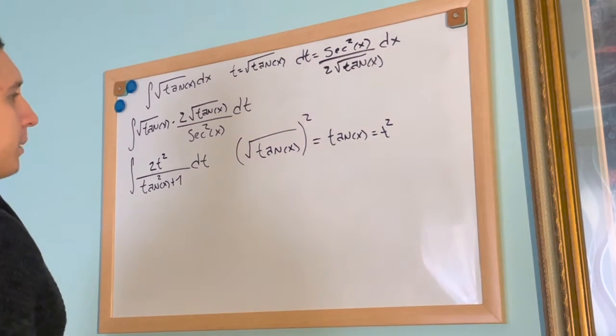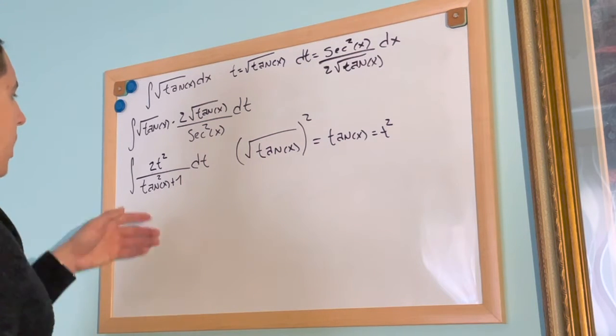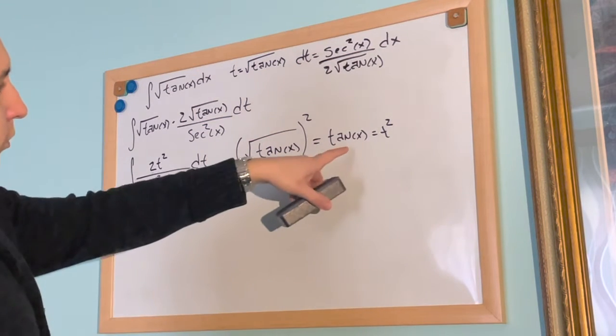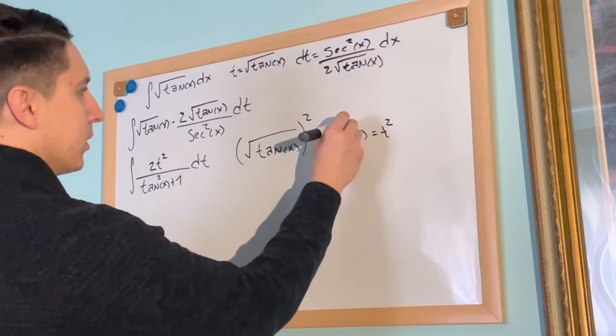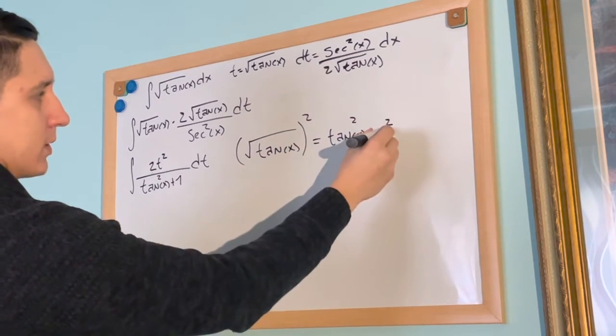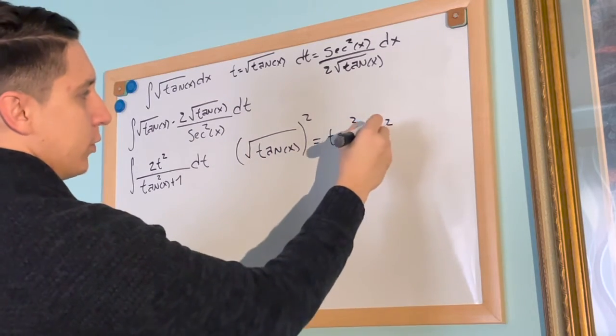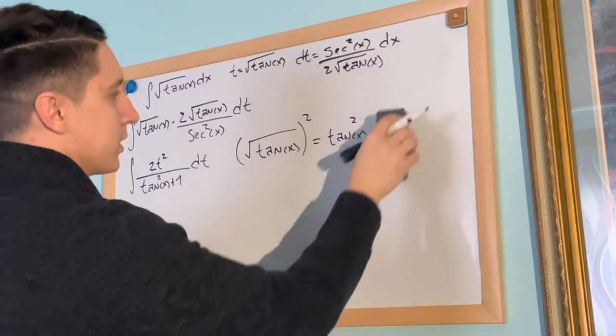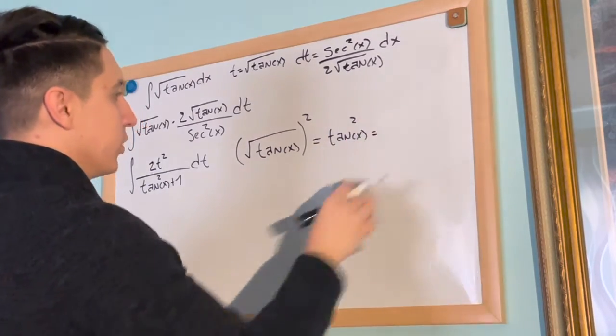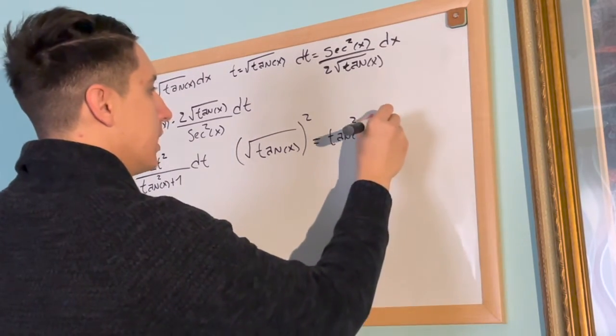We could also do the same thing for the bottom there. Well, we now need this to be squared. If I want to square this, I need to square this again. And if you square it, that's the same thing as multiplying the powers. So that becomes t to the 4th.